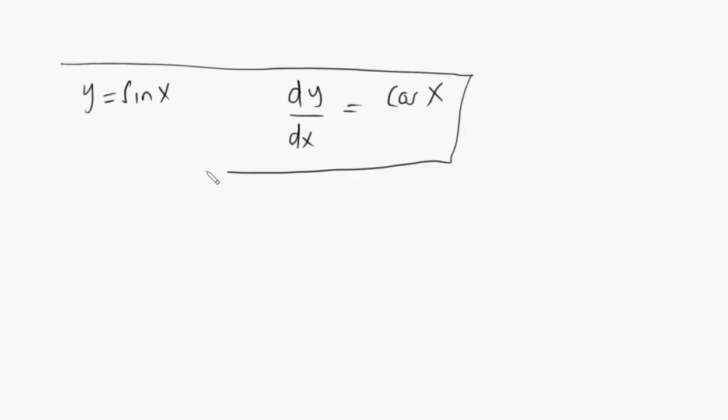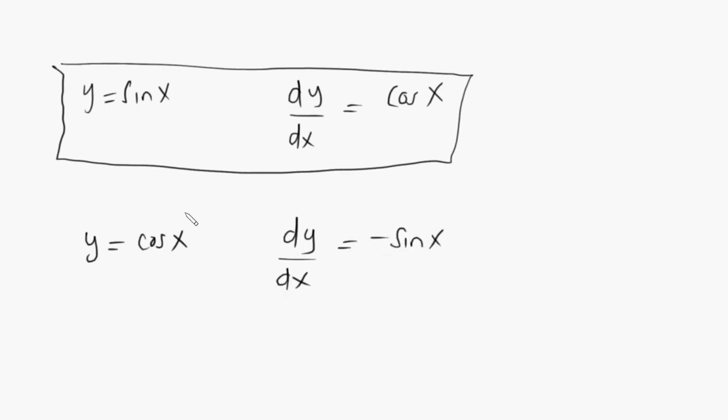Kwa hiyo sasa tulichokuja kufahamu ni kwamba if y equals sin x, then dy/dx equals cos x. Okay? Hiki ni cha kwanza kionyesha by first principle. Alafu cha pili, if y equals cos x, then dy/dx equals negative sin x.